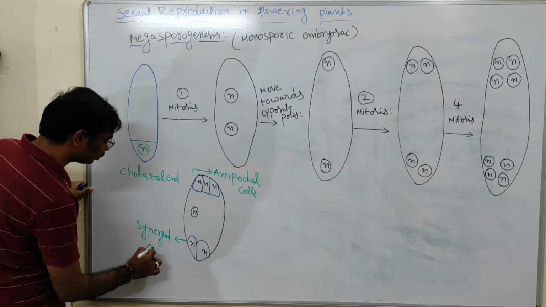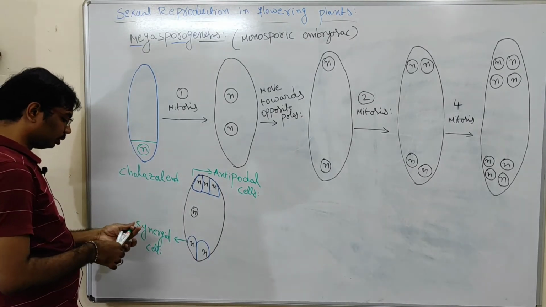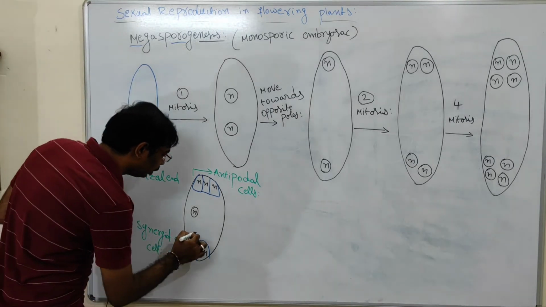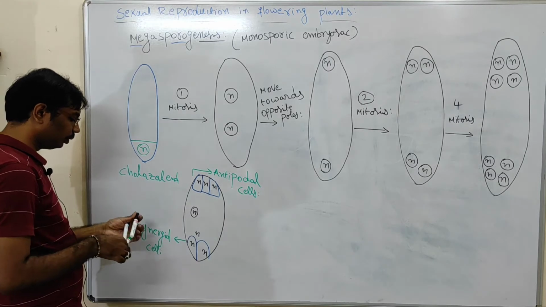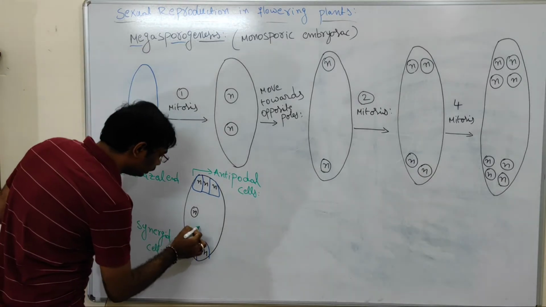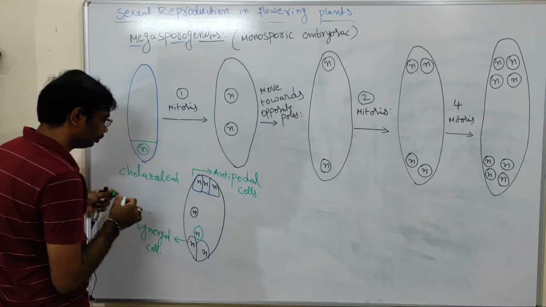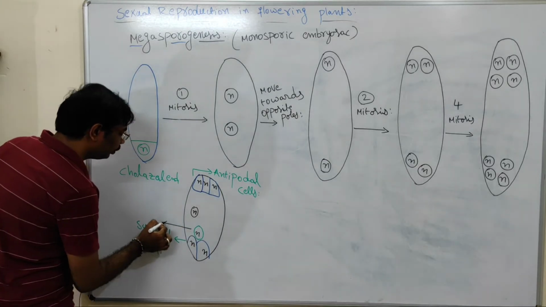Then 1 nucleus is converted into the egg cell. This green ball-like structure is the egg.